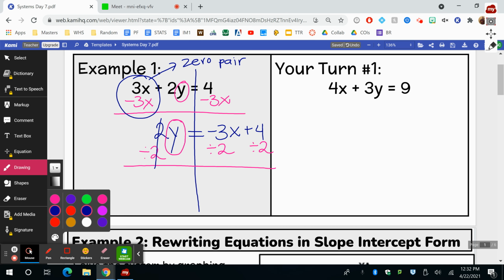I don't write the 1 because there's no need to, so I just write the variable y is equal to negative 3 over 2x plus 2. Okay, and that is the equation written in slope-intercept form, where I can say my slope is negative 3 over 2 and the y-intercept is 2.